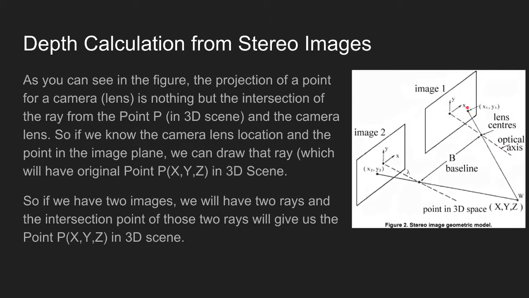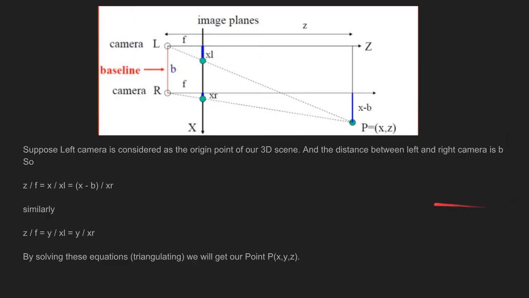So the point in the image is calculated from the intersection of the ray and the image plane. We can revert the operation. If we know the point in the image plane and the location of the camera lens, we can draw the ray, so one ray from one image. We have two images, so we will get two rays, and if we get the point of intersection of those two rays, we will get the point in 3D space.